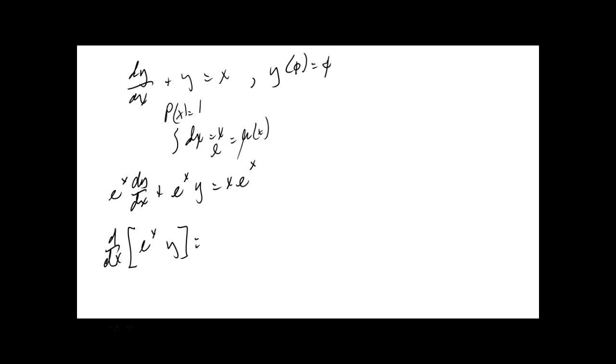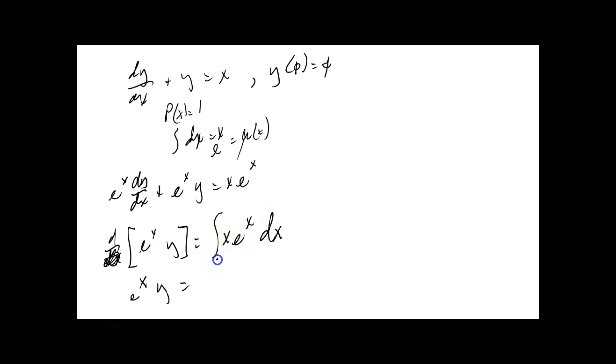So it works. And this is equal to x e to the x. So what do we do? We write it in differential form, take the integration, and that would be e to the x y is equal to the integral of x e to the x. We're going to do integration by parts.